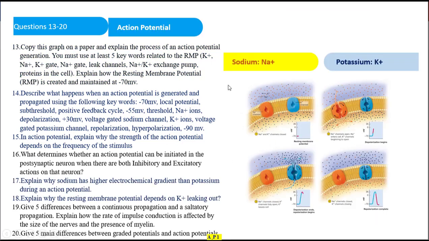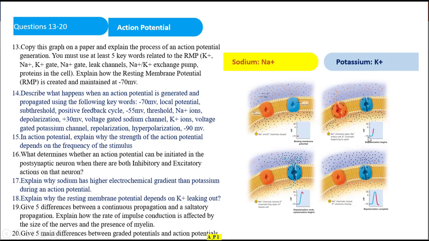Now, why do we talk about sodium and potassium? It is because when things happen in the neuron, that thing is called an action potential. It is just the movement of ions. Sodium coming in, potassium going out. When it's at -70, sodium will come in to make the cell less negative. What does less negative mean?